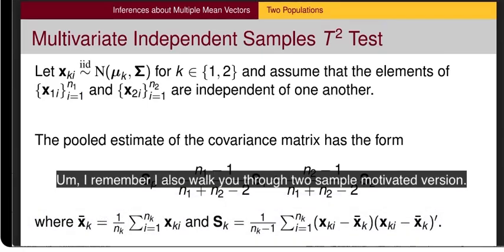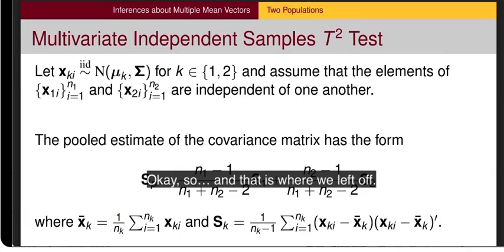But I also walked you through the two-sample multivariate version. Okay, and that is where we left off.